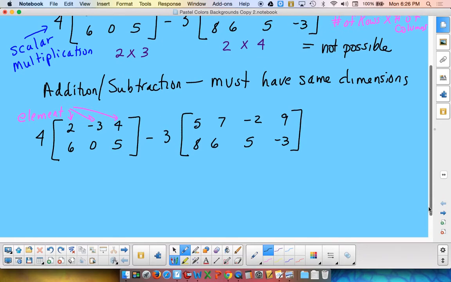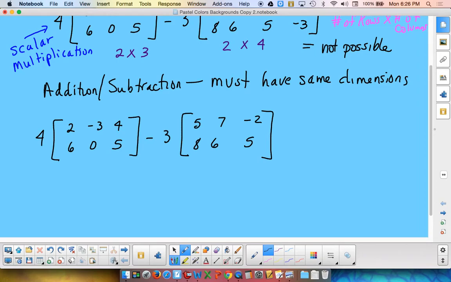And we can indeed be pleased to see that, yes, we can. And so now I'm going to alter this problem by simply cheating, knocking off that back column of numbers, and saying that, okay, now, these are our two matrices. Are these two able to be added and subtracted? And the answer is definitely yes, because they have the same dimensions.